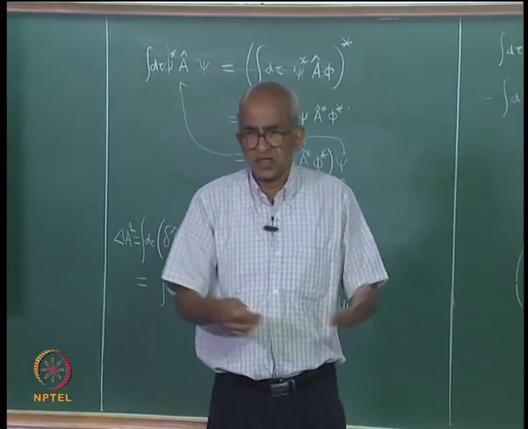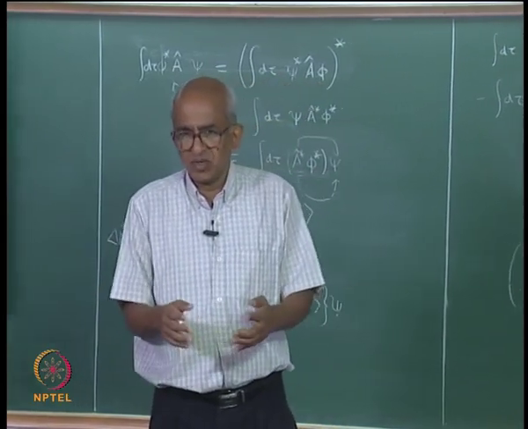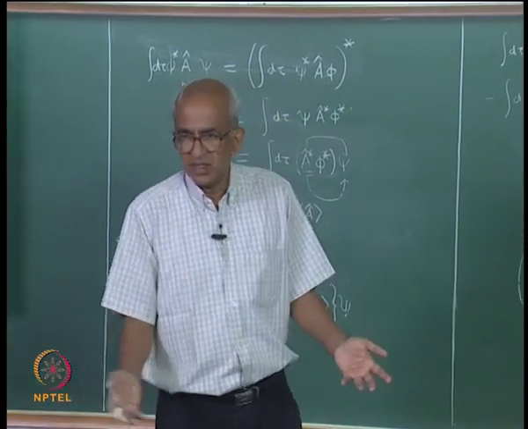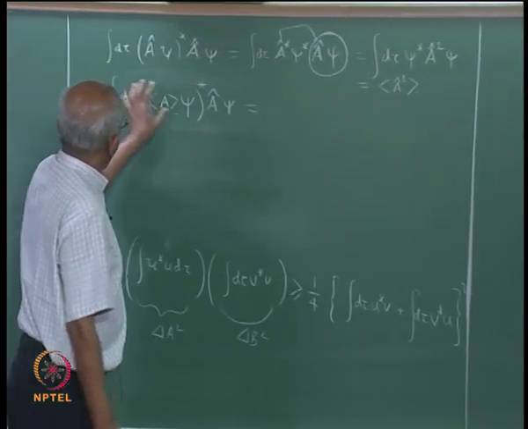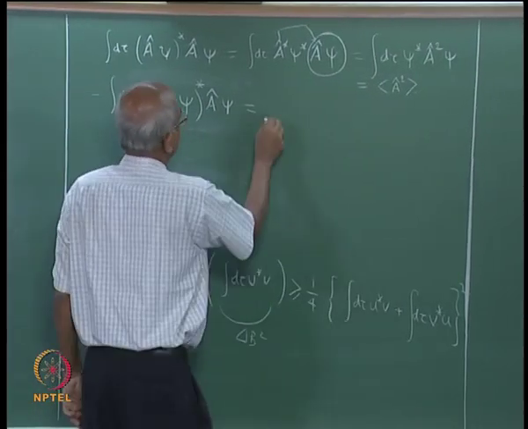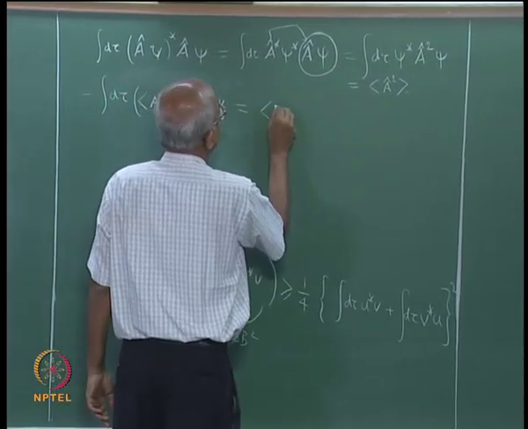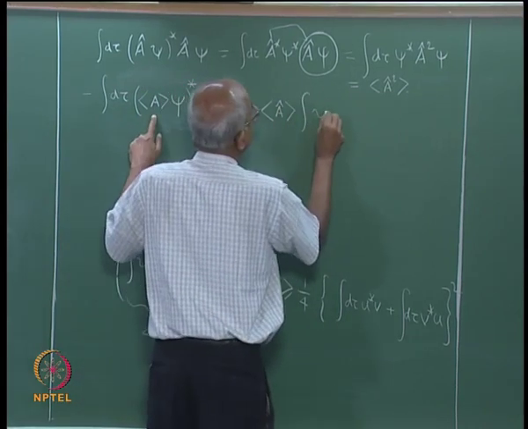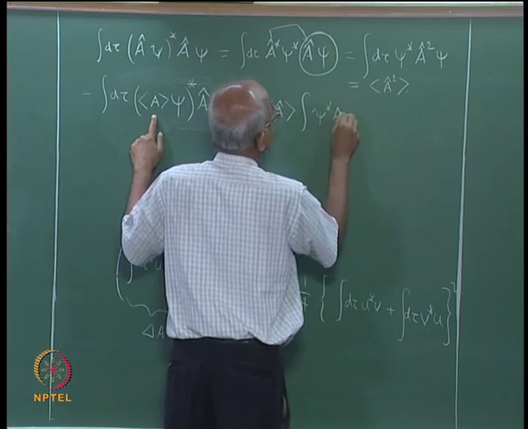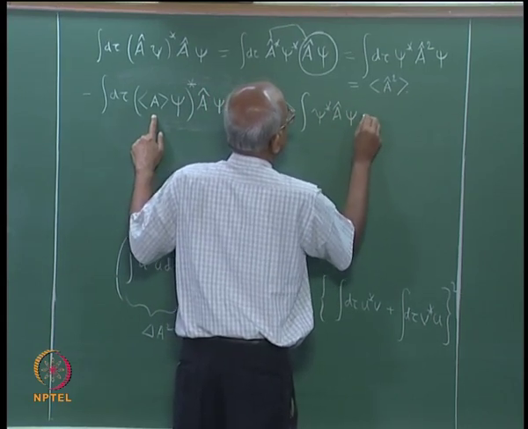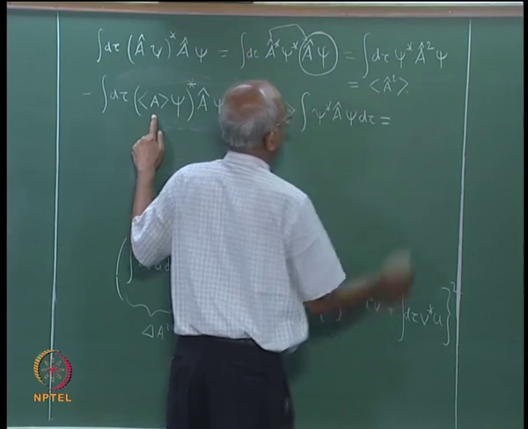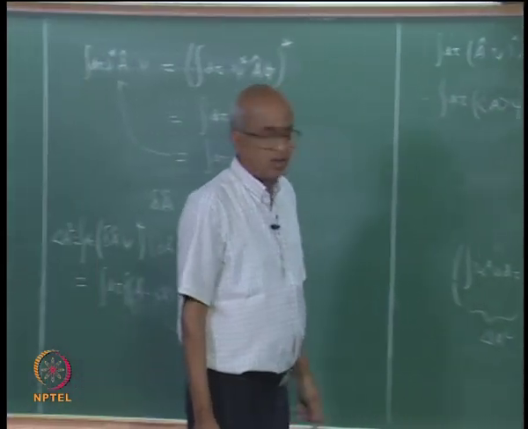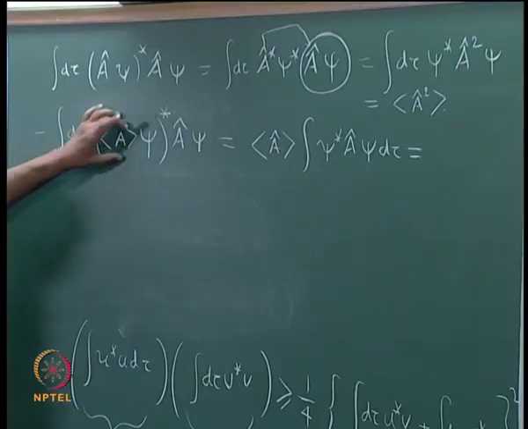You calculate the expectation value, this is the average of a large number of measurements, it is just a real number. So, this number is not affected by the integration, so I can take it out. So, what will happen? I will have this object, right, because I have taken this expectation value outside.